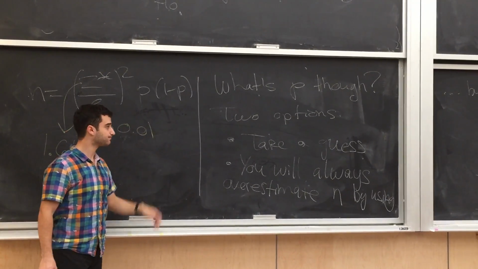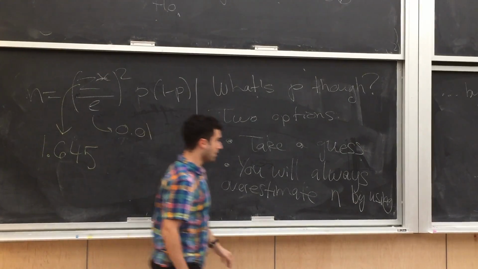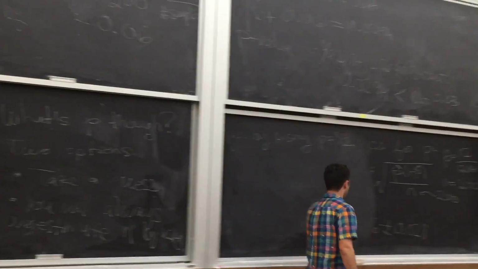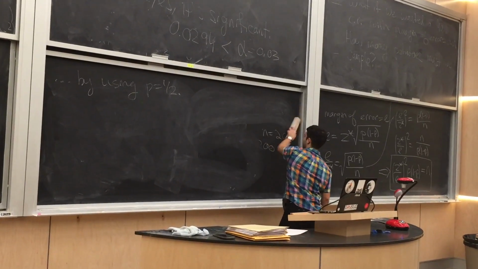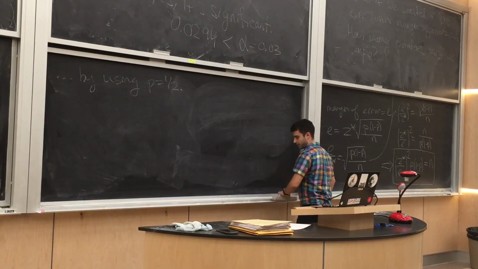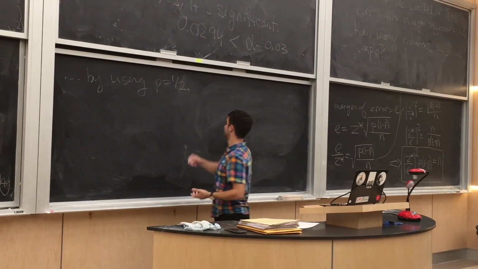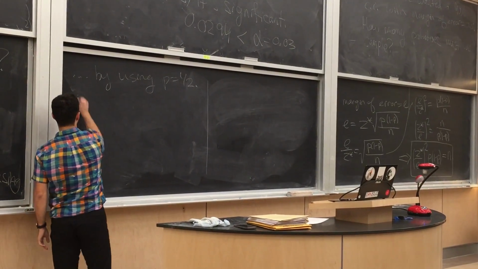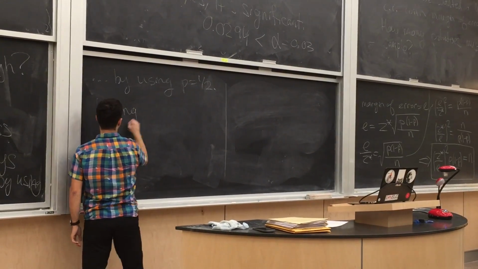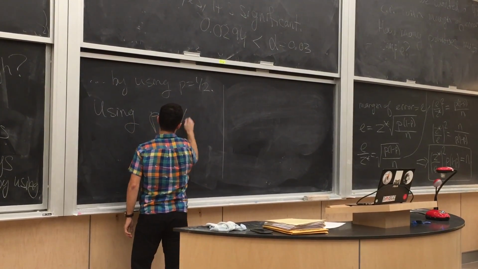You get something better. And so let's quickly do that for our problem and then see why this is true. So using p equals 1/2.